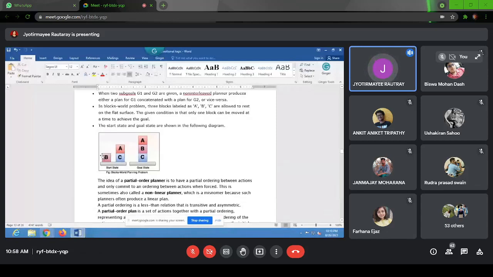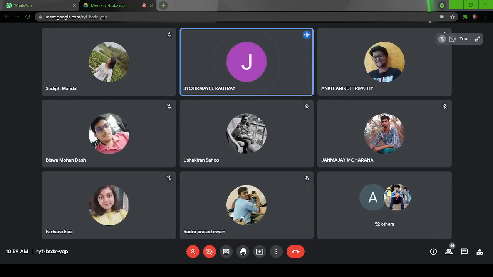This is your start state. Your goal state is in another. This is a stack. In this stack, only one element is there, B, and that is the top element. In this stack, two elements are there, A and C, and A is present at the topmost position.